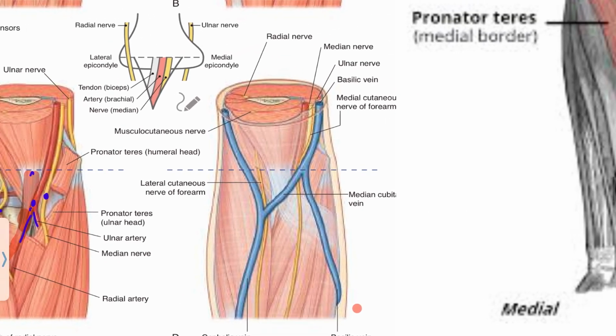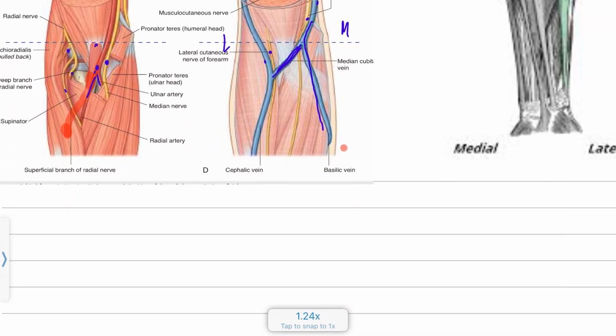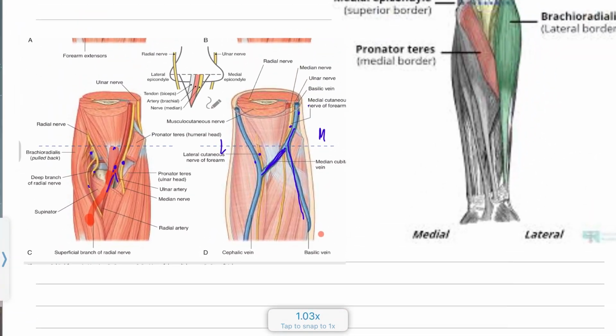See, this is the roof: the basilic vein on the medial side, and on the lateral side the cephalic vein, and then the median cubital vein. This is the medial cutaneous nerve of your forearm, and this is the lateral cutaneous nerve of your forearm, which form the roof of your cubital fossa.